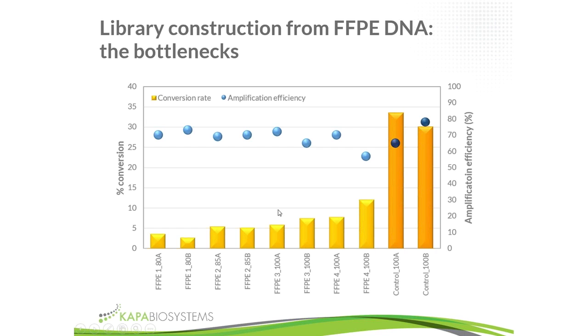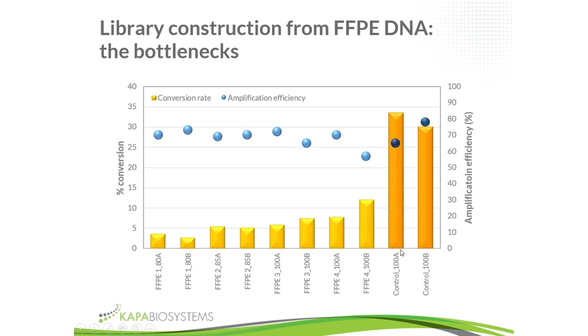So here's the second data set. Here we had 3 FFPE samples. Libraries were constructed from as close to 100 nanograms as we could, compared to, again, library construction from 100 nanograms of good quality commercial DNA. And in this case, the FFPE samples are arranged based on quality scores obtained with the human genomic quantification and QC kit. And again, we observed the same thing.